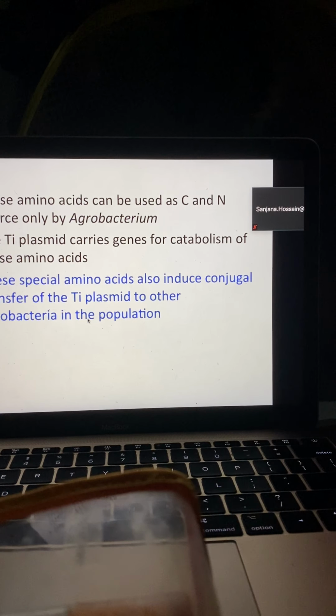So if all the population of Agrobacterium tumefaciens has the plasmid, then they are all going to be killed. So you only have to have a few of them, and then once the conditions are appropriate for them to transfer the plasmid, that is when they infect a plant, then they can transfer like crazy the plasmid to other bacteria because they are using these amino acids that they induce the plant to produce to transfer the plasmid via conjugation.